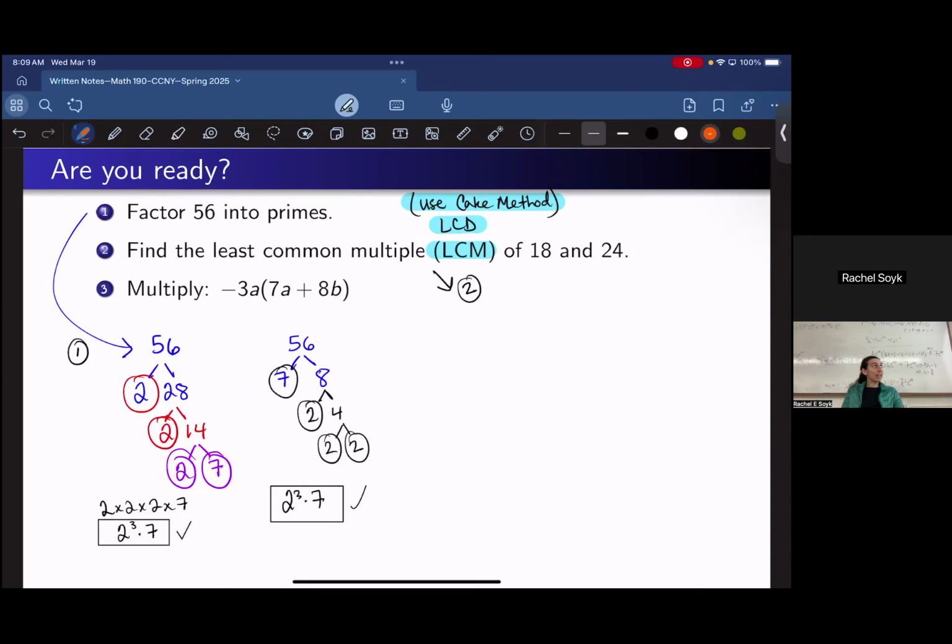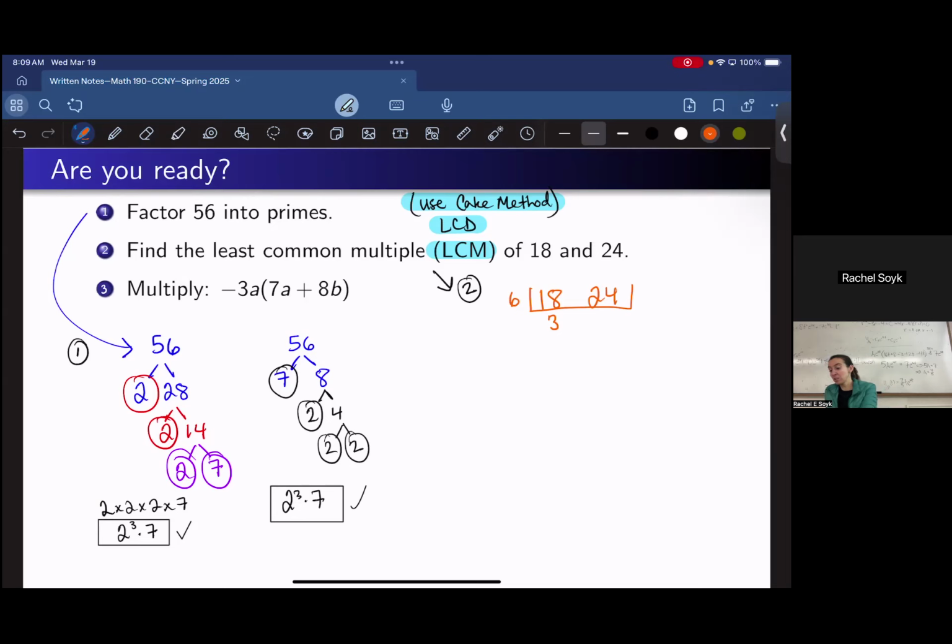So we have 18 and 24. And so we want to ask ourselves, what is a factor that goes into both 18 and 24? 6 goes in. How many times does 6 go into 18?